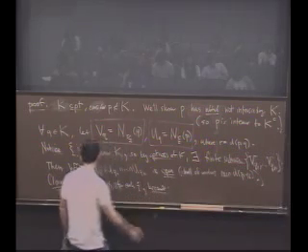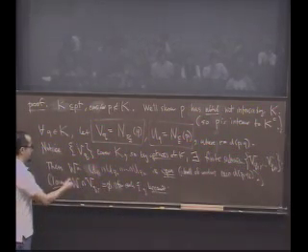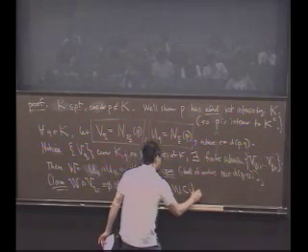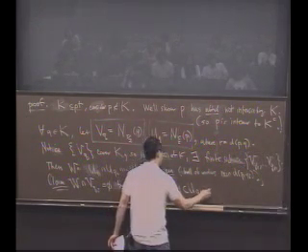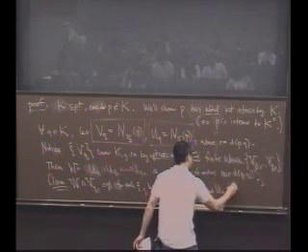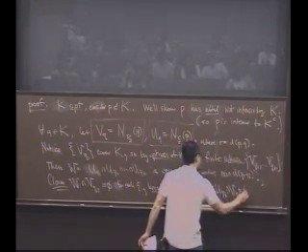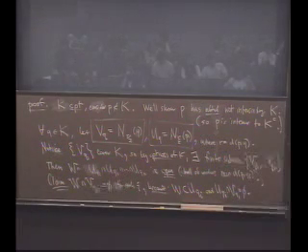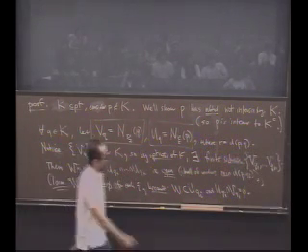Well, it's easy to see now the way I've written it, because W is in U sub Qi, right? And U sub Qi intersect V sub Qi is empty. Okay? Everybody happy? All right.